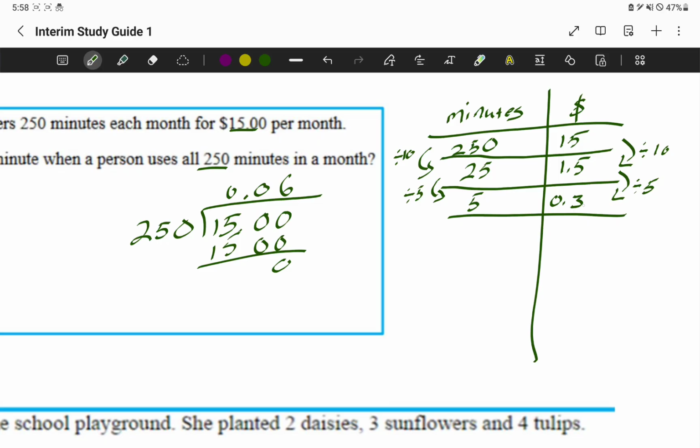Since it's money, I'm going to put a 0 there and a 0 there. Now I want to get to 1, so I'm going to divide by 5 again. 5 divided by 5 is 1. And 30 cents, 30 divided by 5 is 6, so 0.6.